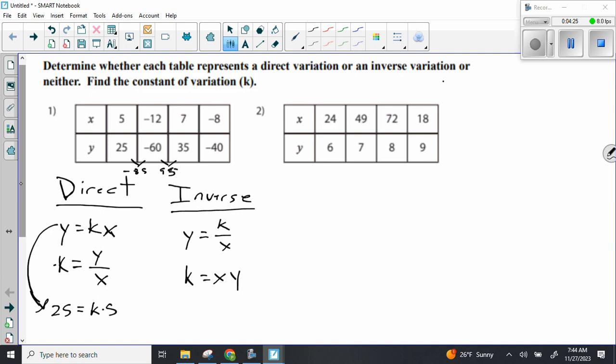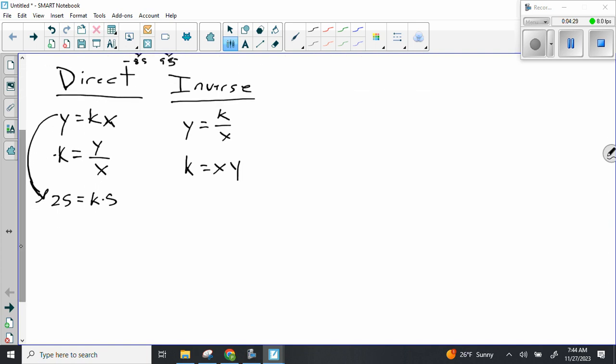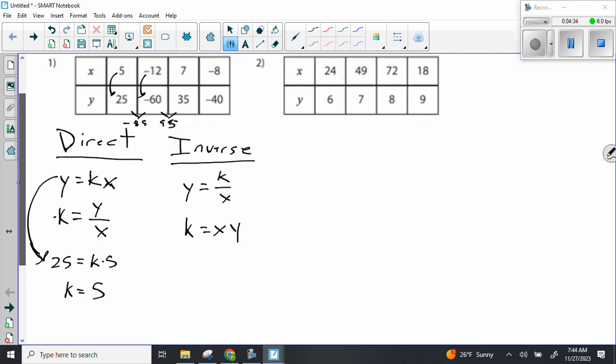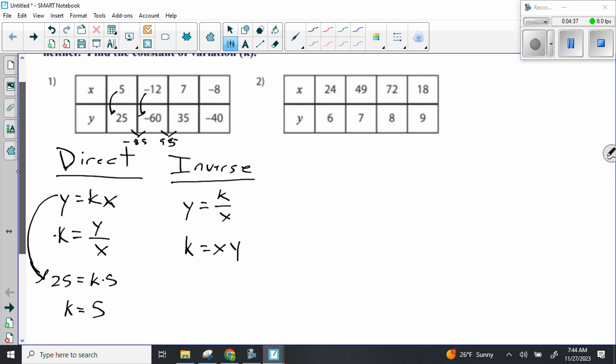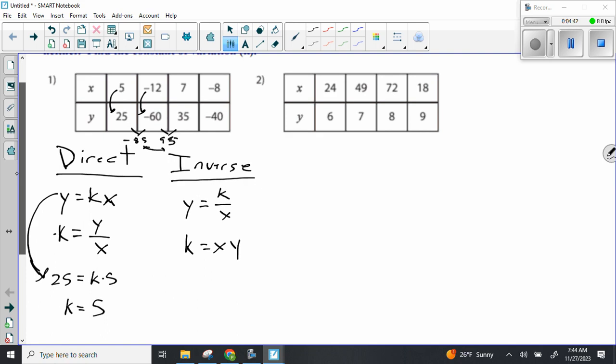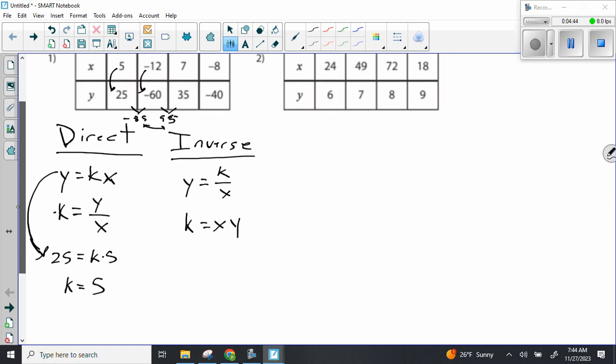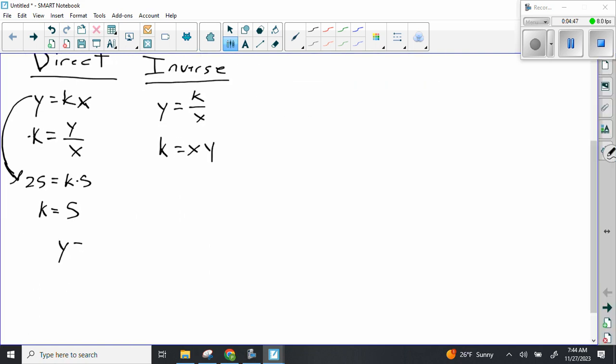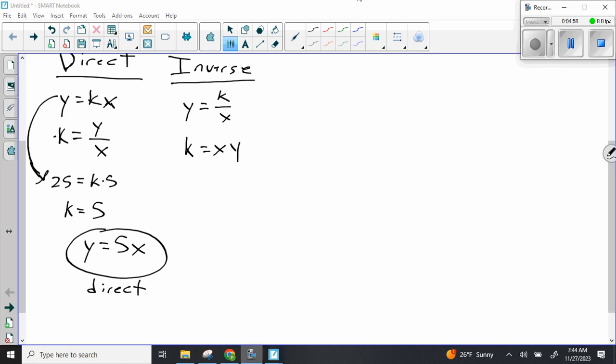Negative 12 times 5 is negative 60. So this constant of variation is legit. k is definitely 5, so this is a direct variation. I don't know why it was freaking me out that this difference was different, but we have a constant of 5. It works. We can write the equation: y equals 5x, which means it is direct variation because it's in that form.